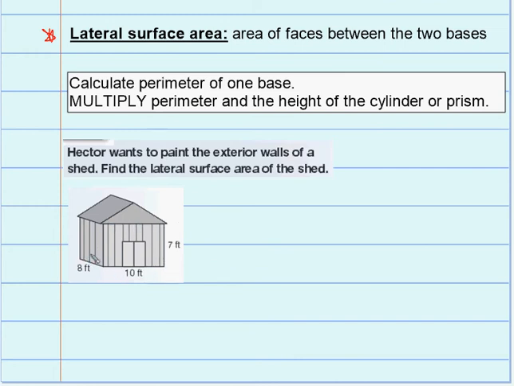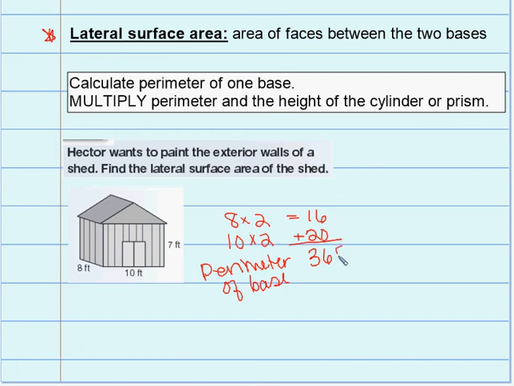So the perimeter would be 8 times 2 and 10 times 2, because we have two congruent sides that are 8 and two that are 10. So that's 16 and 20, and we'd add those up and get 36. So that's our perimeter of the base, 36 feet.